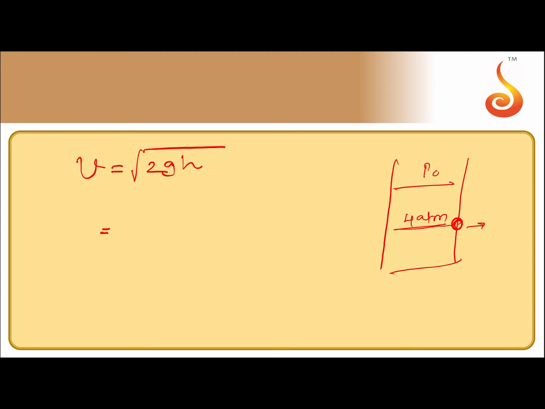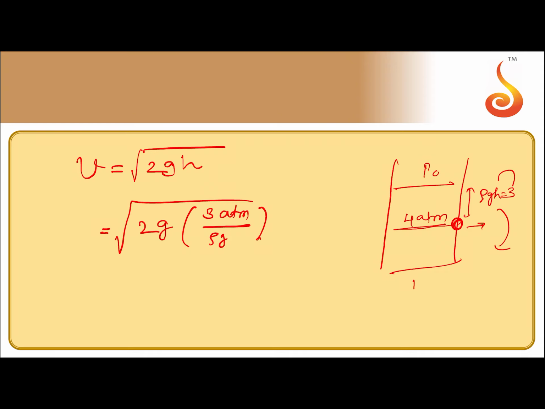So the liquid pressure rho gh is equal to 3 atmospheric pressure. So I can write it as square root of 2gh, where h is 3 atmospheric pressure divided by rho g. Now we can simplify it further.